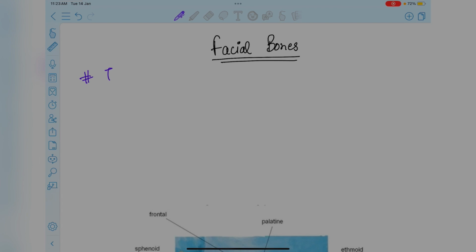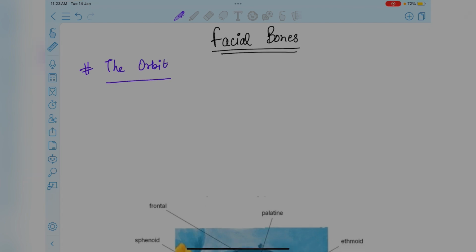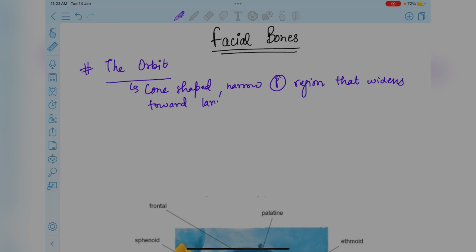So the orbit. The orbit is cone shaped, narrow, and posteriorly the region basically widens towards a large anterior opening.